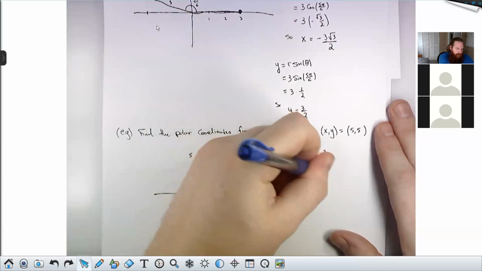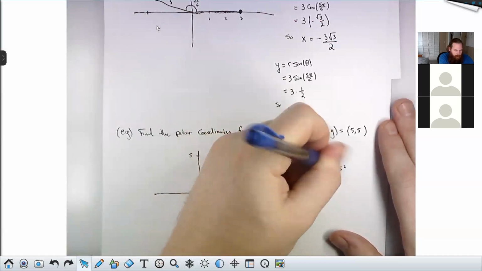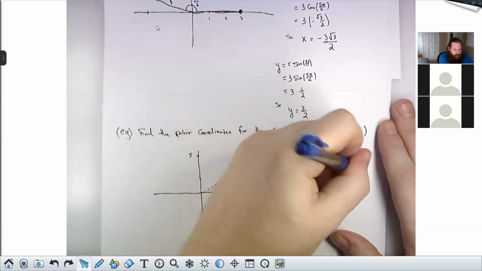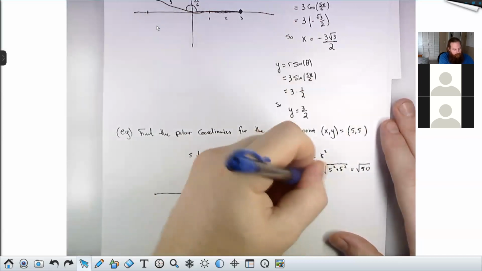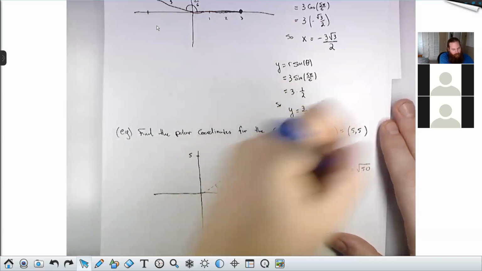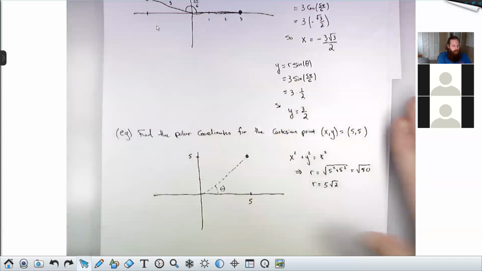So r is the square root of 5 squared plus 5 squared. That's the square root of 50. We can simplify that a little bit, of course, right? That's 5 times the square root of 2.